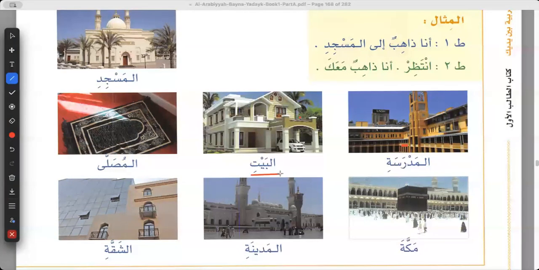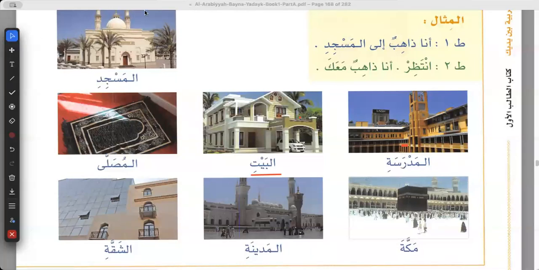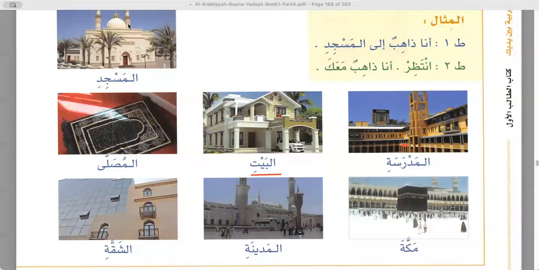Now let's move to the second one. Al-Bayt. Number 167. أنا ذاهب إلى البيت. انتظر. أنا ذاهب معك.